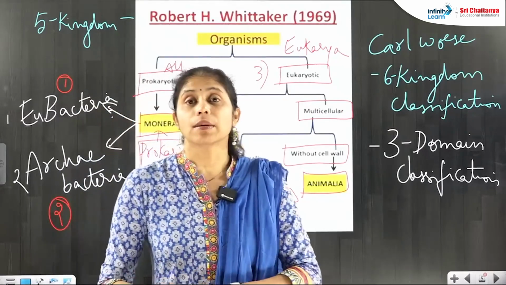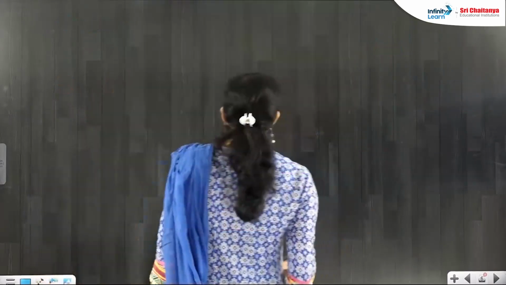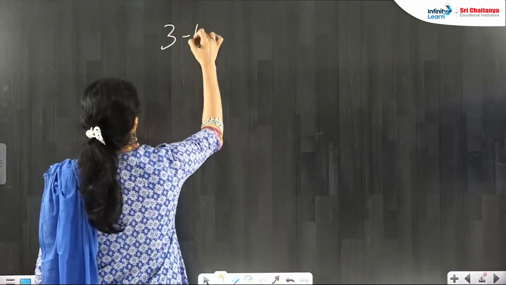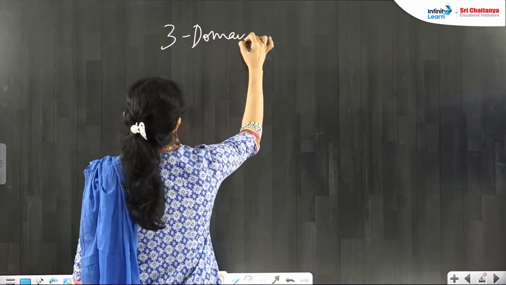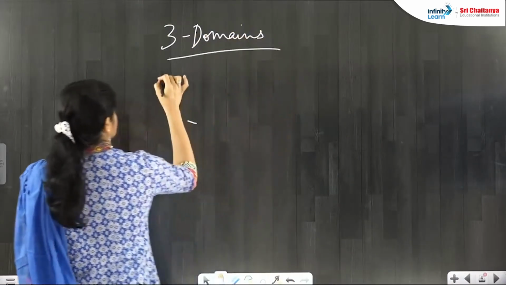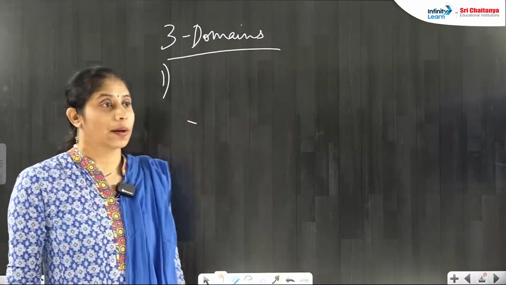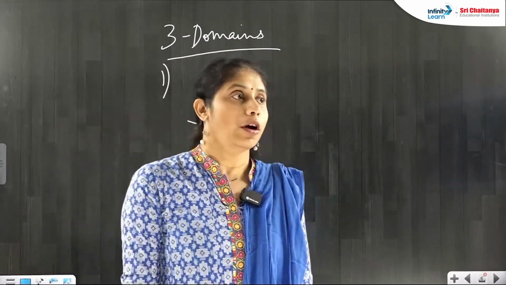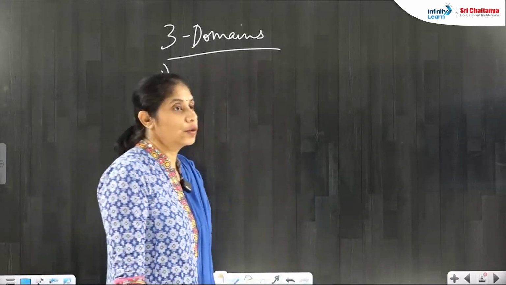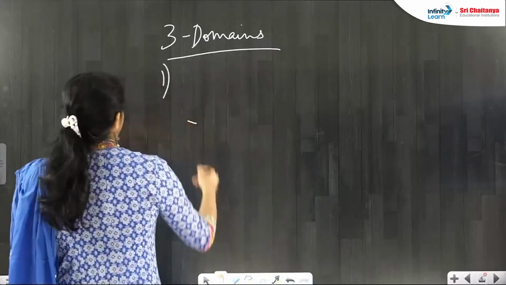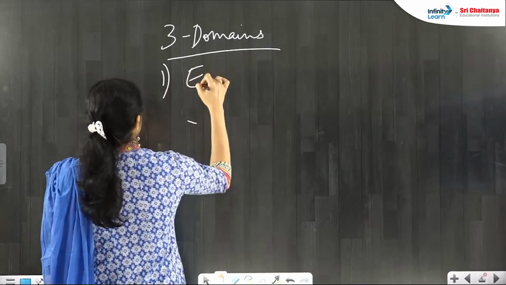Who gave the six kingdom classification? Which are the three domains? First one, which is the first one? Carl Woese, yes, correct. Three domains are there. What are those three domains?